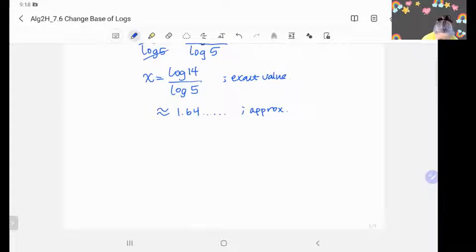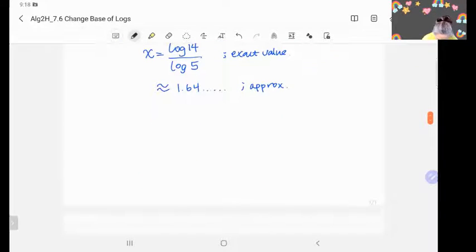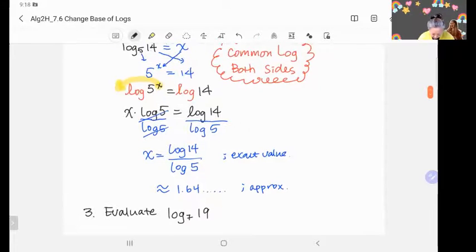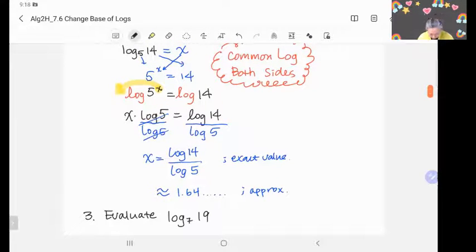So for example, number 3, if you are supposed to evaluate log base 7 of 19, now you compare the structure here, right? The base is 7 and 19 is the value, just like the 14 before.